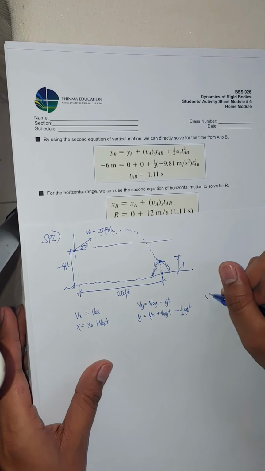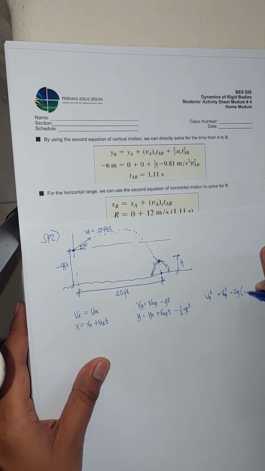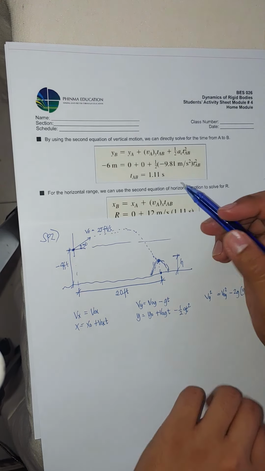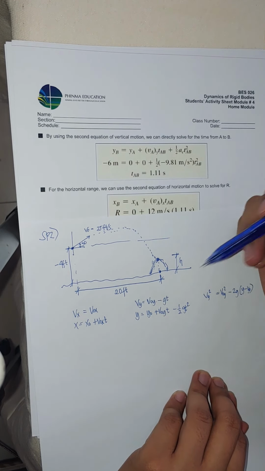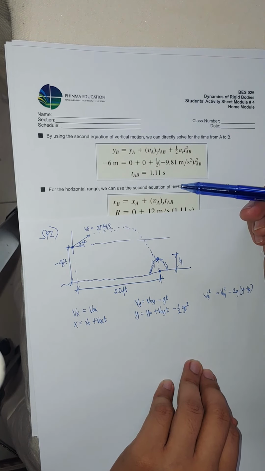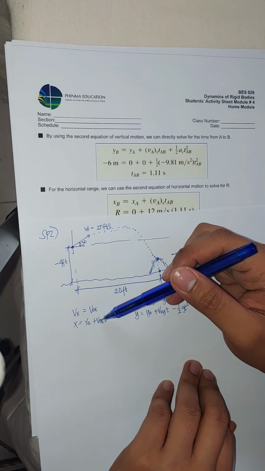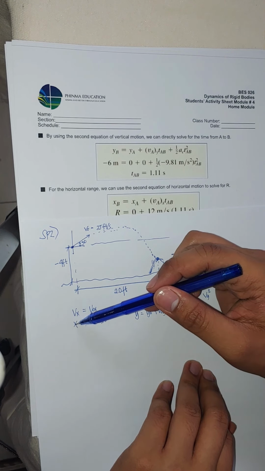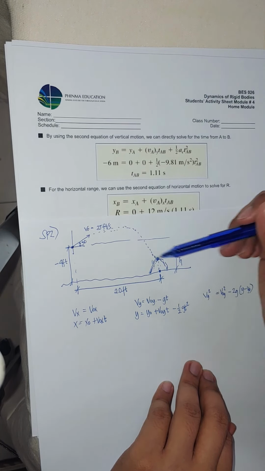And Vy squared is equal to Voy squared minus 2G times y minus y naught. We have Vo, so we can get Vox and Voy, the horizontal and vertical components of the initial velocity. We have G, and we have x, so we can solve for the time from this point to this point.